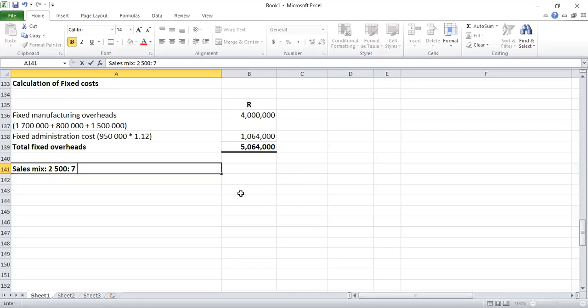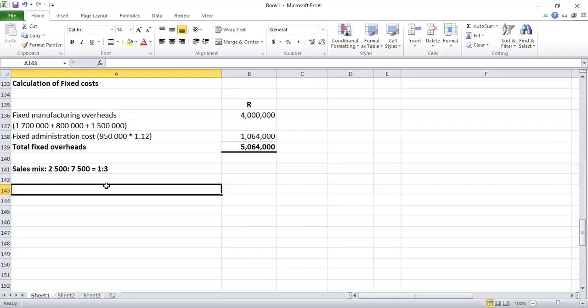And if we simplify it, that would be 1 is to 3. If you say 7.5 divided by 2.5, you are going to get 3. Thank you, Lebuhang. That's the same. 1 is to 3.